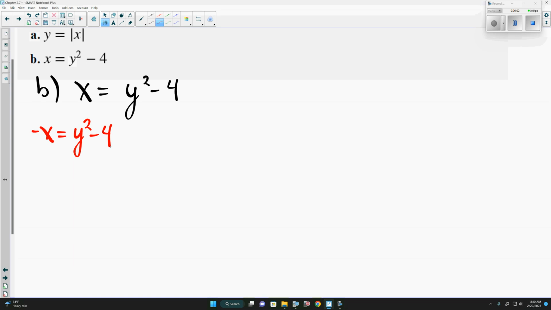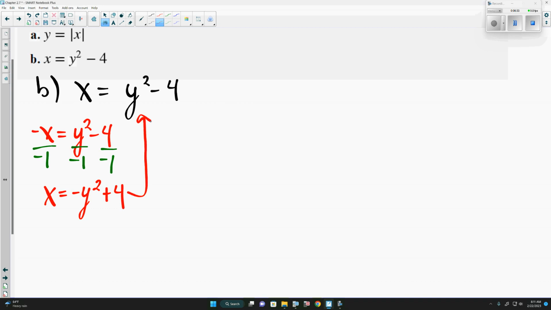Our original equation is x equals y squared minus 4, yes? The x is positive, the x is by itself. Here, our x is negative. So if I wanted to make it positive, I would divide everything by negative 1, which tells us x is equal to, the x's do match now, yes? But y squared divided by negative 1 is going to be negative y squared. Negative 4 divided by negative 1 is plus 4.